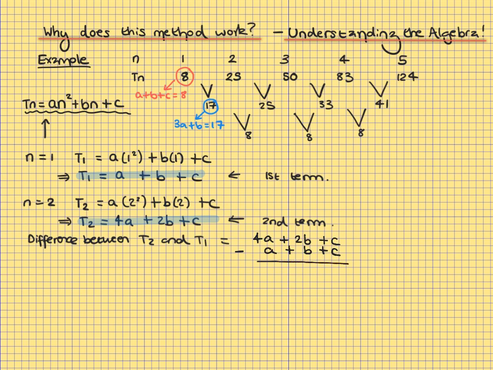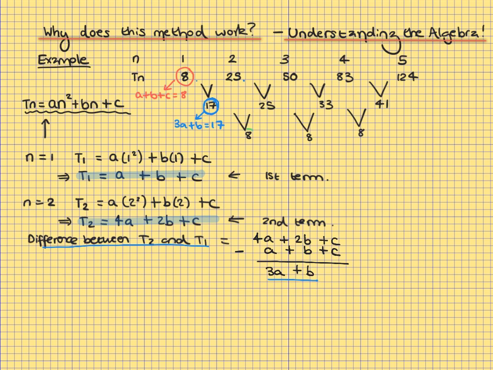Let's do the subtraction. That gives me 3a plus b, which we've seen before, haven't we? So the difference between term 1 and term 2 is equal to 3a plus b, which is why we can make this difference here, the difference between the first term here and the second term here, equal to 3a plus b.